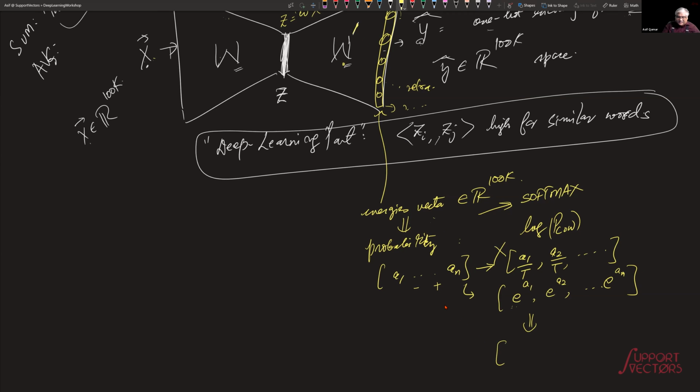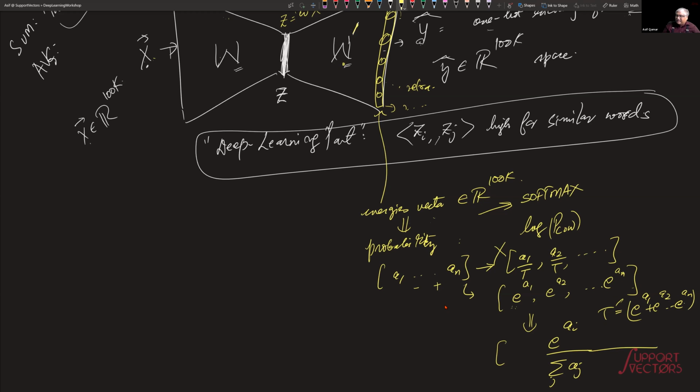So each value, e to the ai, is divided by the sum of all of these, over aj. All of these numbers, you add up to a total. The new total, t prime, is equal to e to the a1 plus e to the a2, up to e to the an.